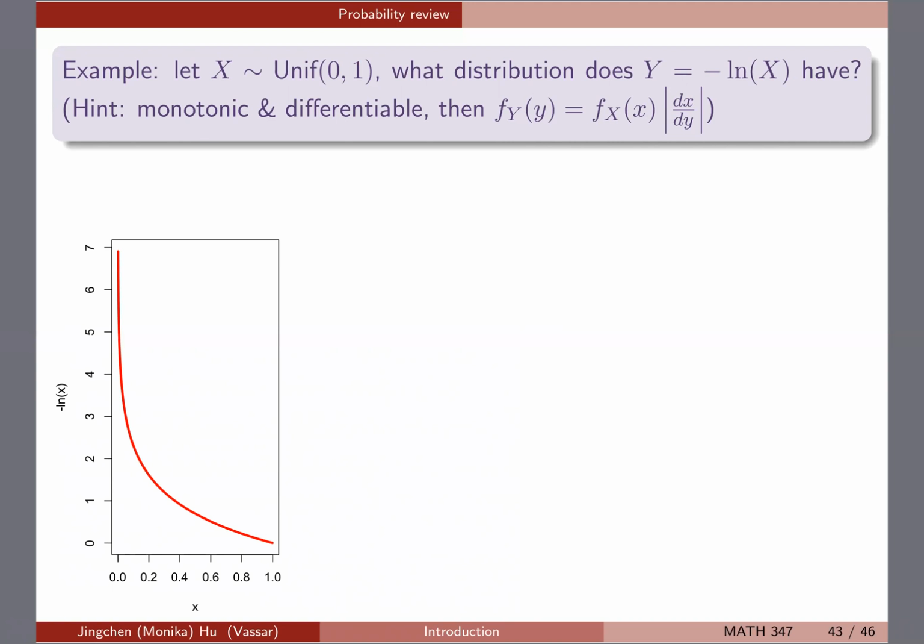In order to get dx over dy, you have to express x in terms of y, and then take the derivative. So y is negative ln x. How can you express x in terms of y?